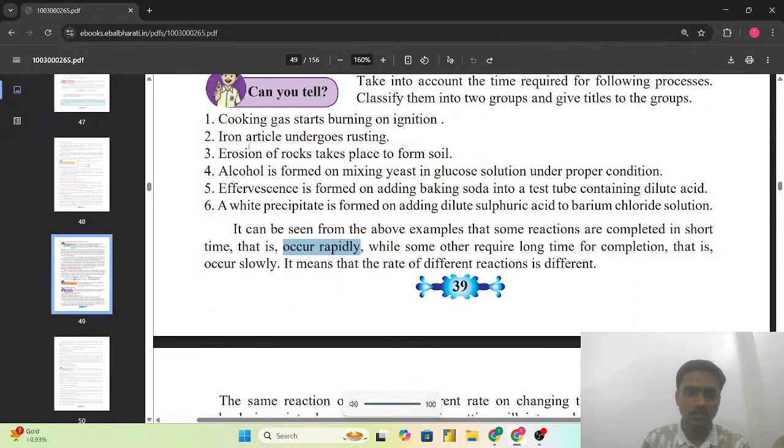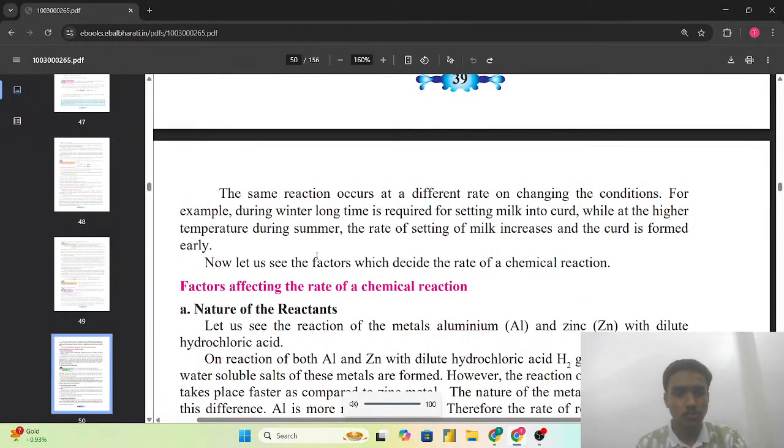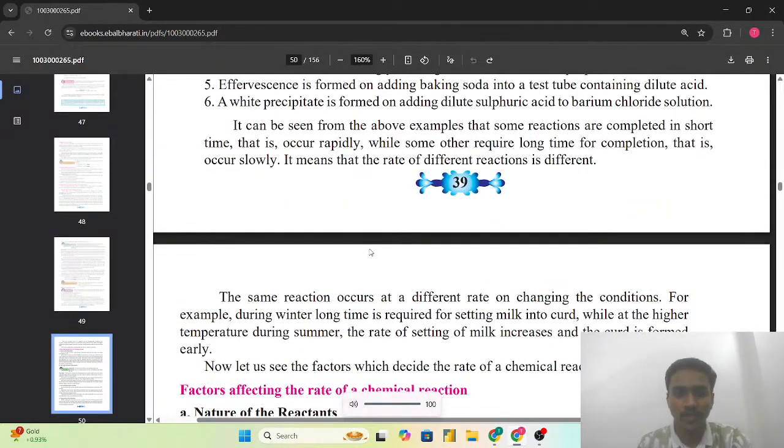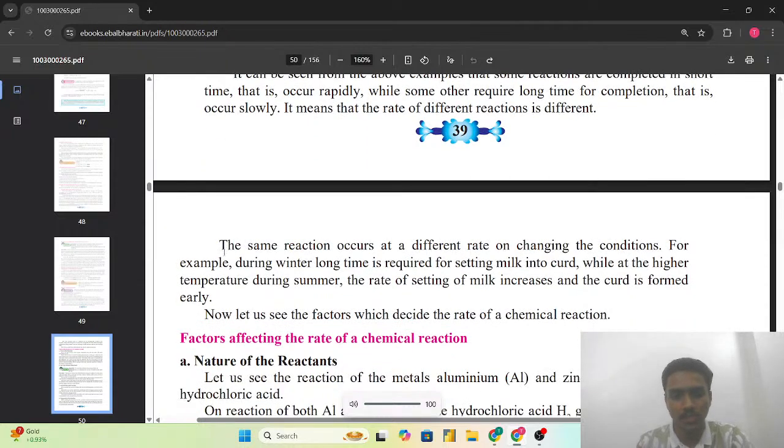So some reactions, such as cooking gas starting to burn on ignition, take a short time. An iron article undergoing rusting takes a large amount of time. On that basis, we are defining the nature of the chemical reaction. The same reaction occurs at a different rate on changing the conditions. For example, during winter, a long time is required for setting milk into curd.